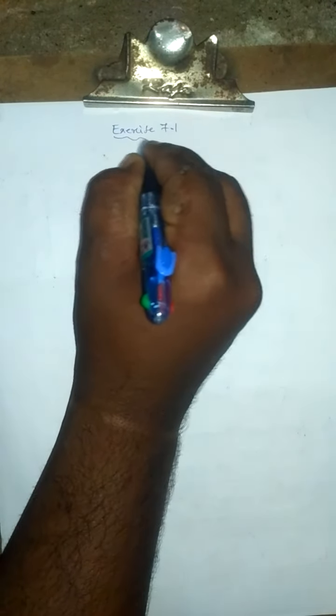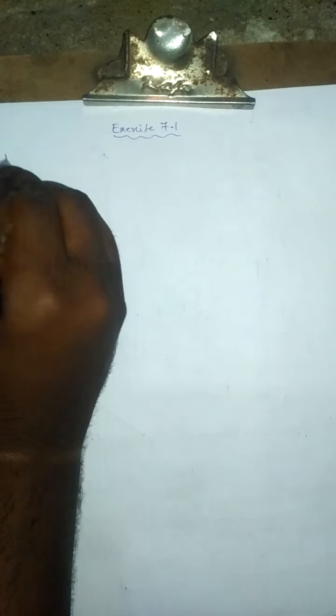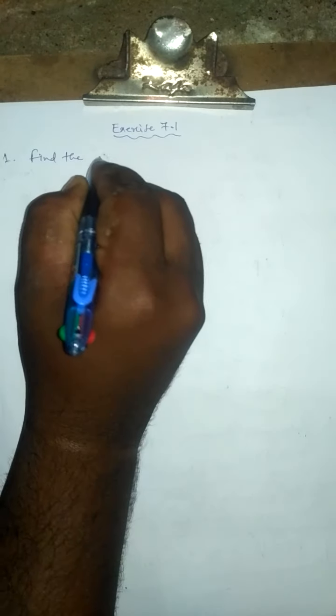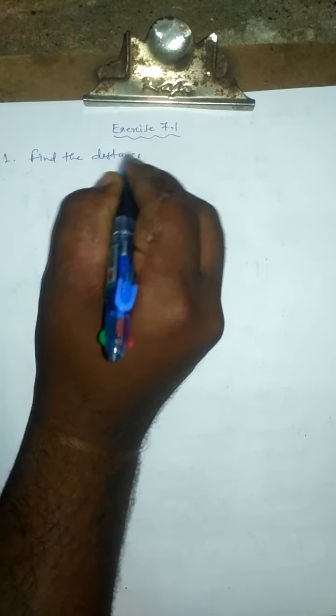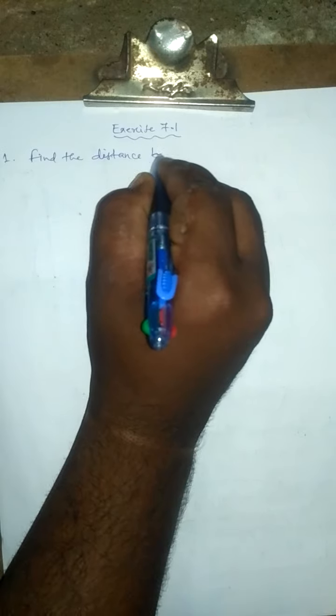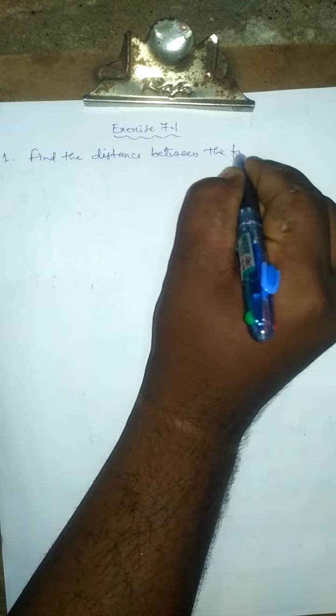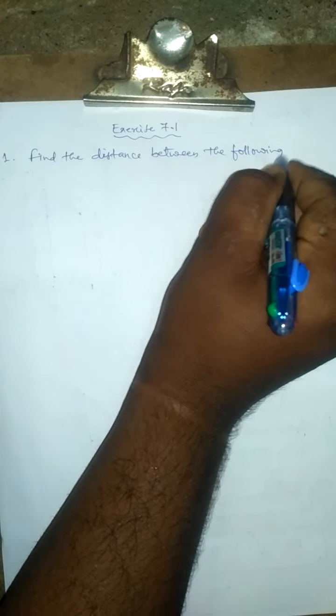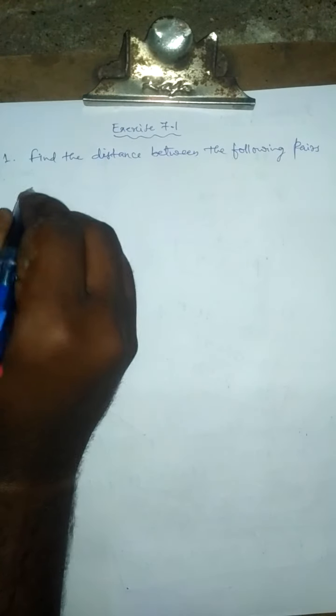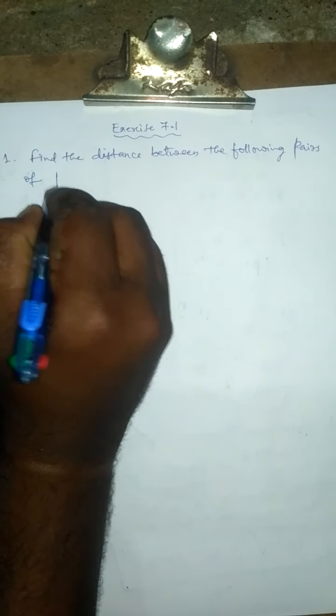Now let us go for the exercise part, that is exercise number 7.1. Question number 1. Find the distance between the following pairs of points.